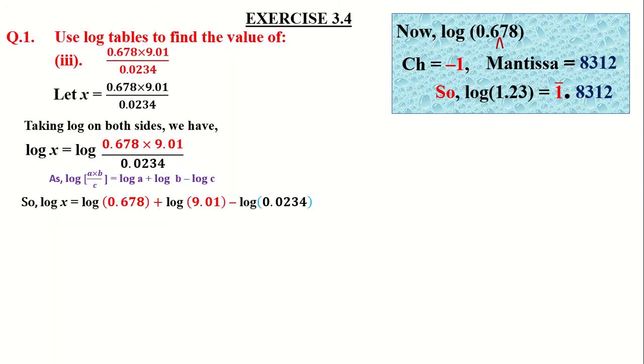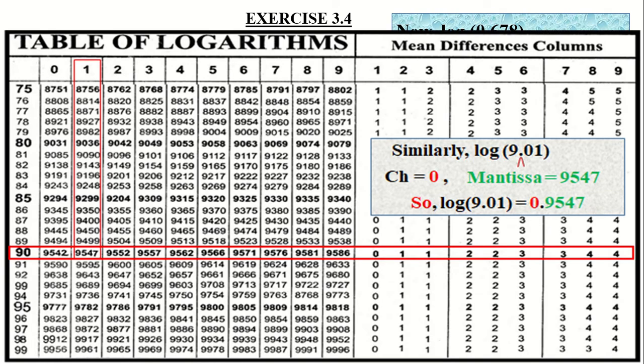Then log of 9.01. Again consider log tables. Now in this number, decimal point is placed after first non-zero digit, and this is reference position. If decimal point is placed on the reference position, characteristics is then 0.